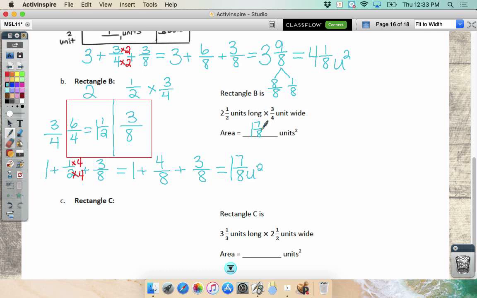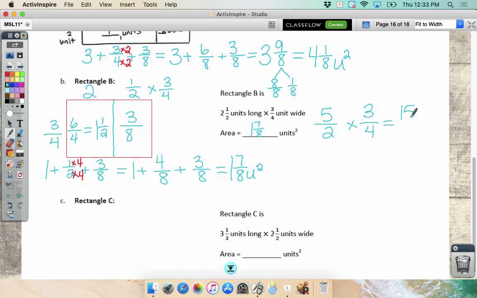Okay? So now that I've got that done, I'm going to solve it numerically. So 2 times 2 is what? 4. Plus 1 more. 5. So 5/2 times 3/4. Okay, so what do I do here?